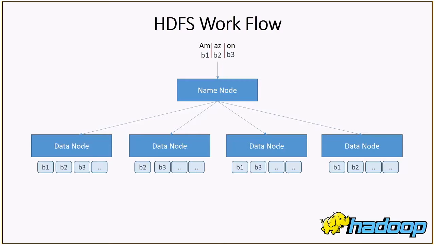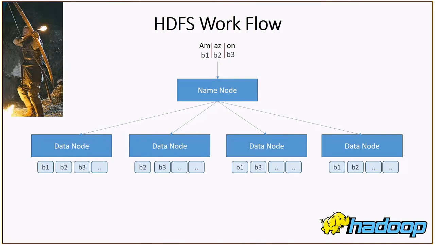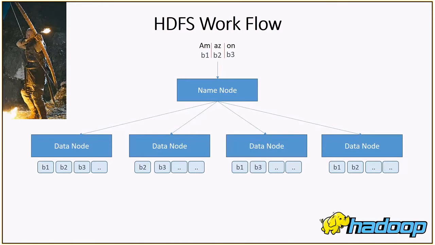So I actually got a picture of Anthony, and I put it in here to show you what would happen if you went into our data center. As an example of someone tripping over the data center, we have Anthony coming in here, and he shoots a flaming arrow and hits one of our data nodes. In this example, we see that block 1 and 2 are now damaged. That rack was just set on fire.